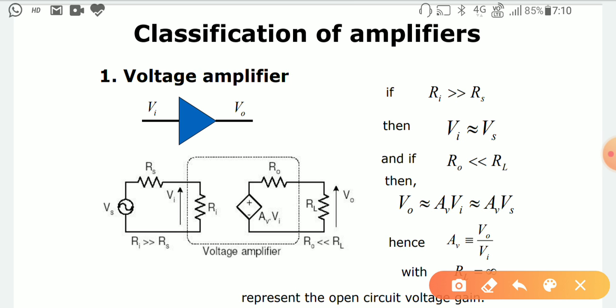At the input side, two resistors represent the circuit, Rs and Ri.